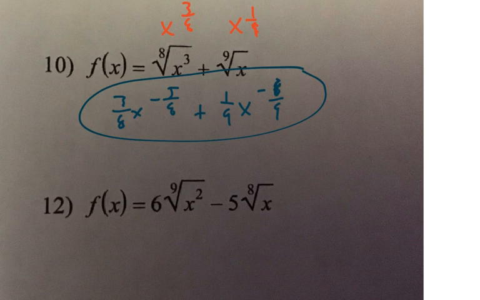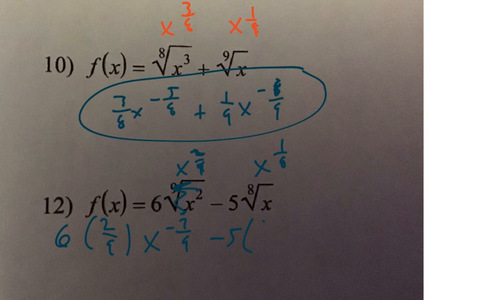This one here, this is x to the 2/9, okay? Sorry if I'm getting tired and a little sloppy here. And this is x to the 1/8. So I'm going to have 6 times the 2/9, x to the negative 7/9, minus 5 times 1/8, x to the negative 7/8.